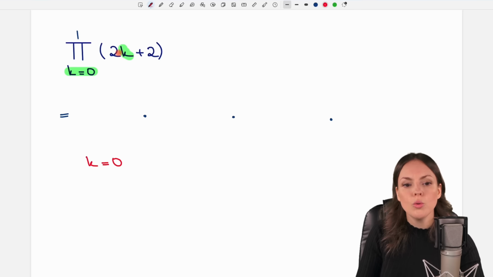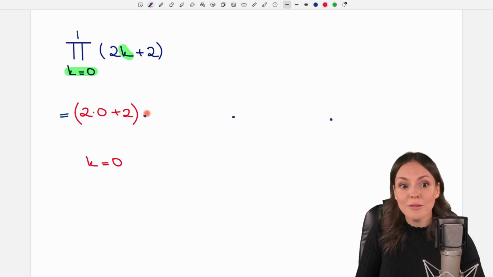So we have 2 times 0 plus 2, and don't forget the parentheses around here. This is our first factor for k equals 0. Okay, we inserted 0, then we are done with the first factor.